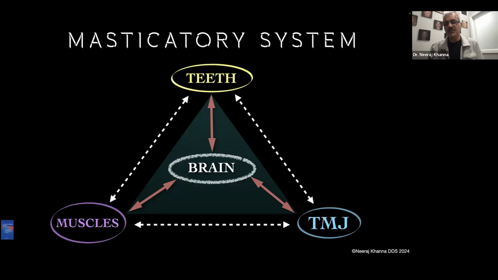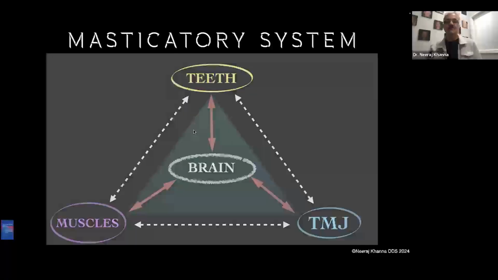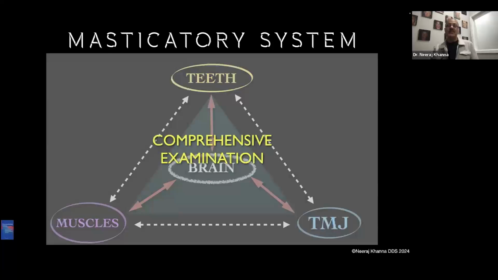We must always understand that the system is extremely sensitive to the smallest thing, like a piece of hair. So when you're designing occlusion, if it's off by even a little bit, the masticatory system will try to adapt to the best it can. And sometimes during that adaptive phase, things start to fail. And so the only way that we can understand the masticatory system is to do a thorough comprehensive examination.